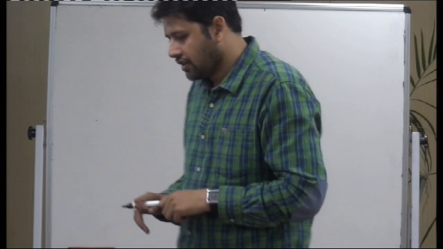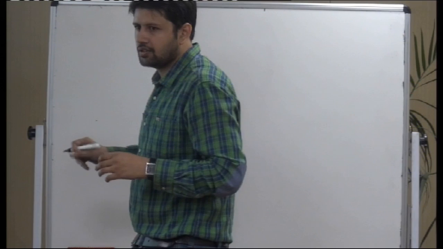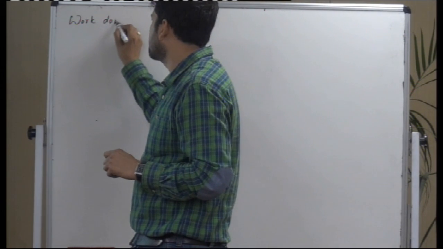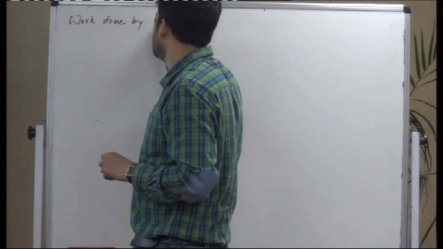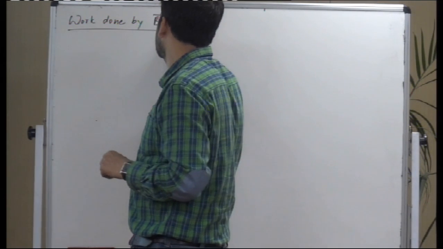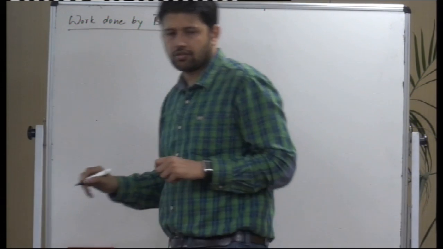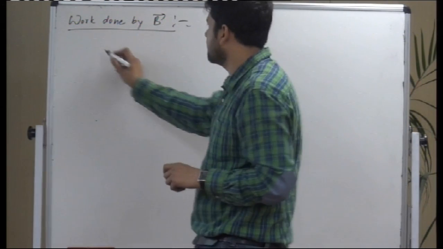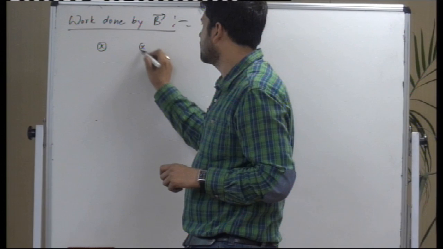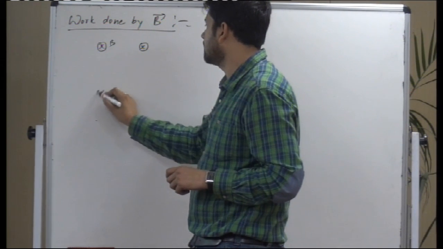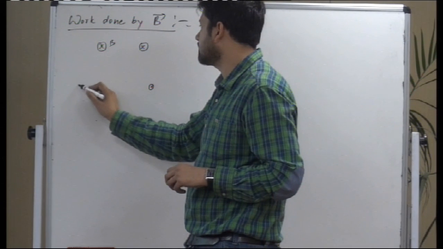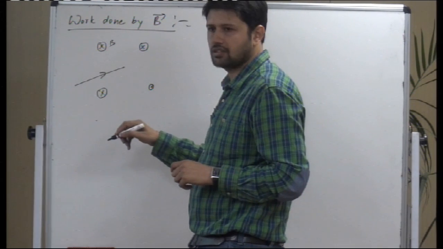So let's first take work done by B, the work done by the magnetic field. Let's say this is the magnetic field, and a charge enters like this.